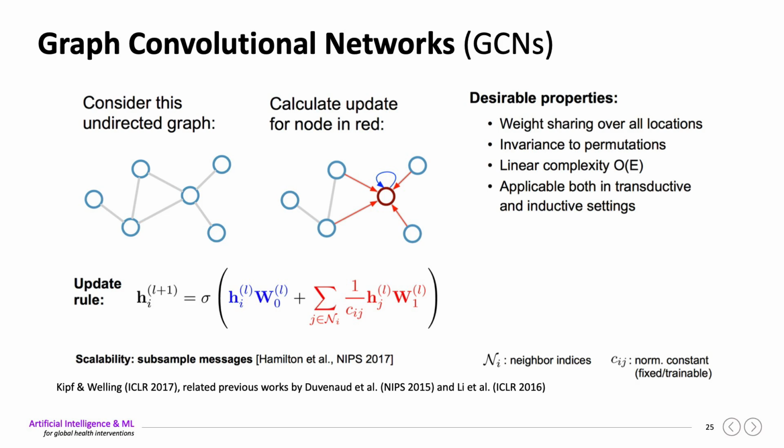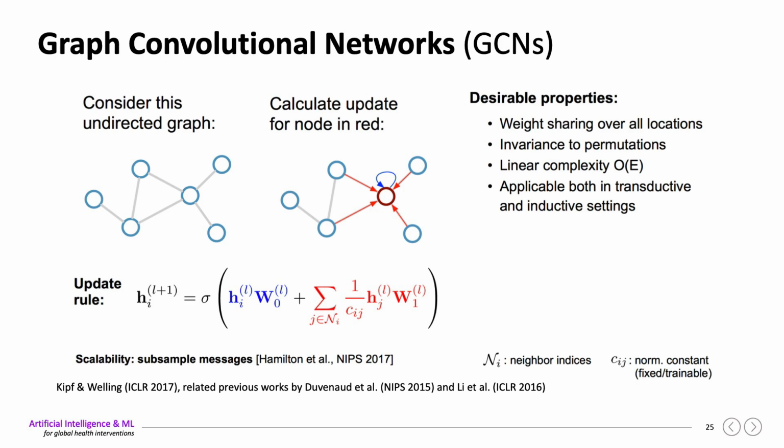The update rule is written as h_i at layer l+1 equals sigma of h_i at layer l times W_0 at layer l, plus the sum over neighbors j of 1 over c_ij, times h_j at layer l times W_1 at layer l. In words, a node's new representation is a nonlinear function of its own transformed features, plus a normalized weighted sum of its neighbors' transformed features, where c_ij is a normalization constant.